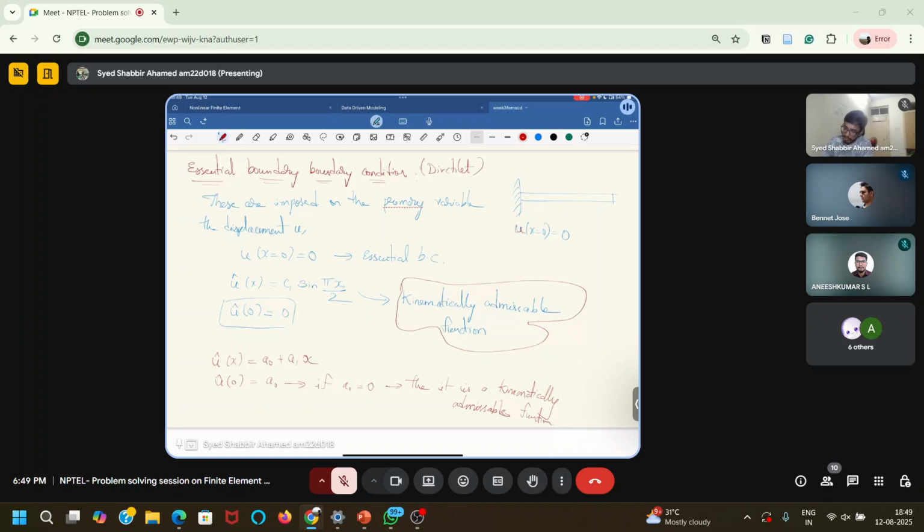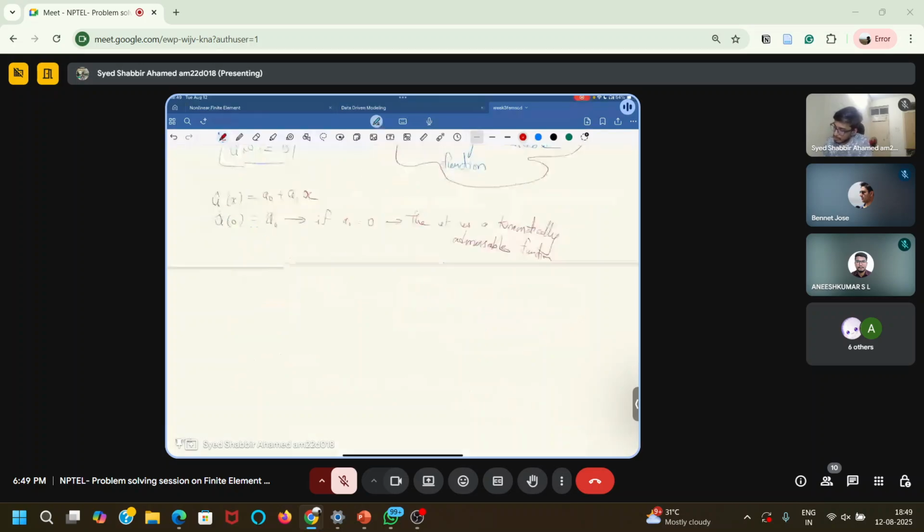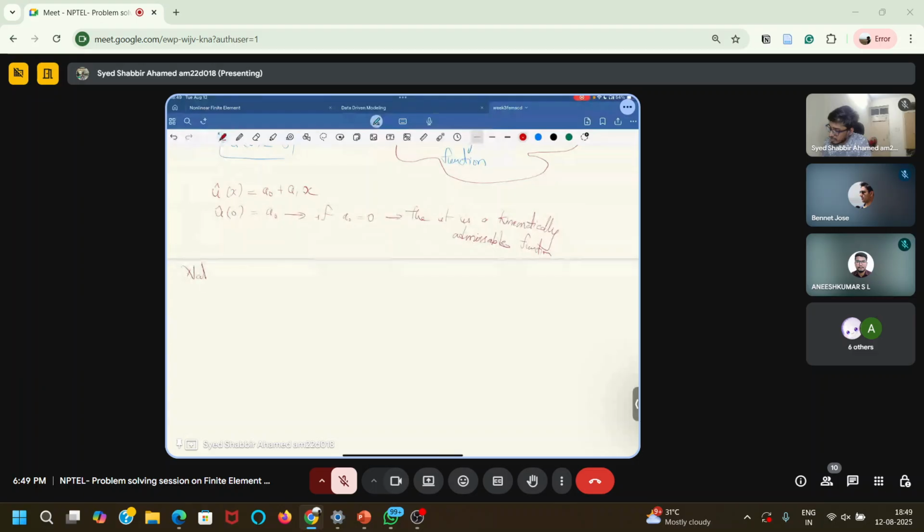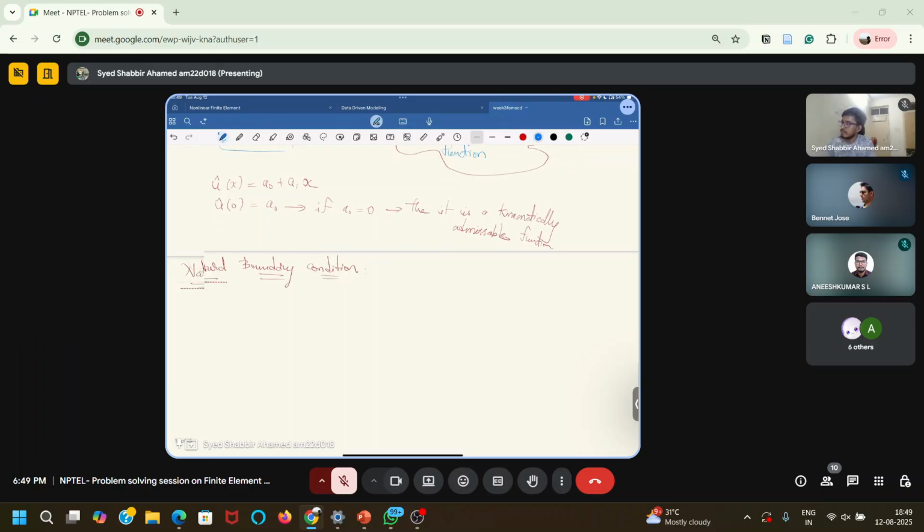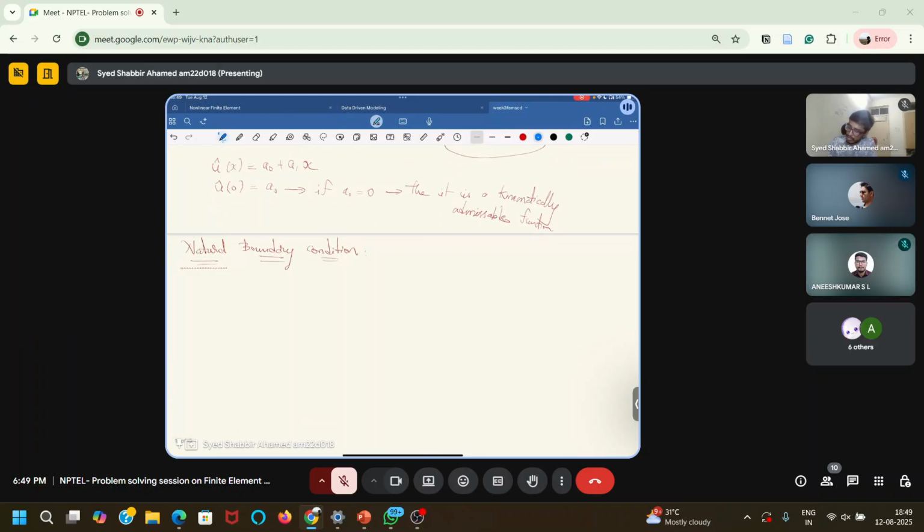Now let's see what a natural boundary condition is. You can also call it the Neumann boundary condition.